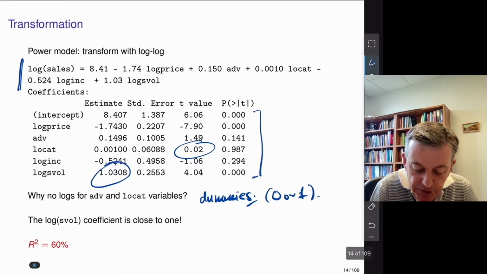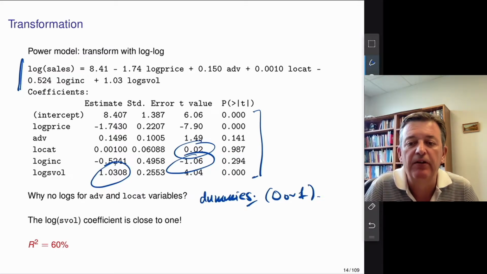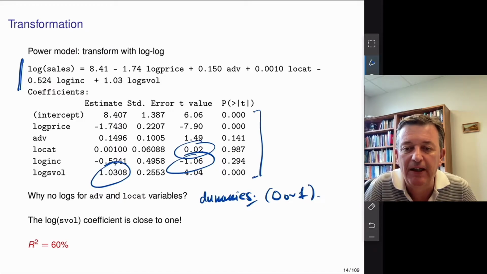One other little minor aside. I want to control for log income, for the income across neighborhoods. So even though that's not statistically significant, it's still an economically important variable to put in. So I'm not going to delete that just because it has a negative t ratio.